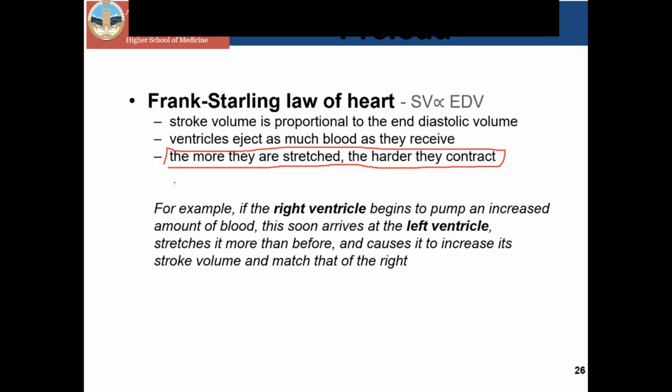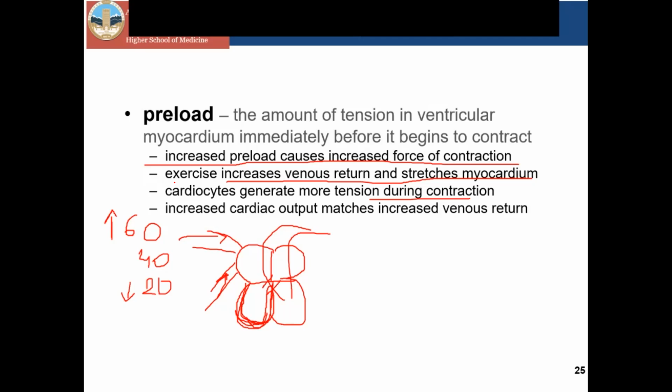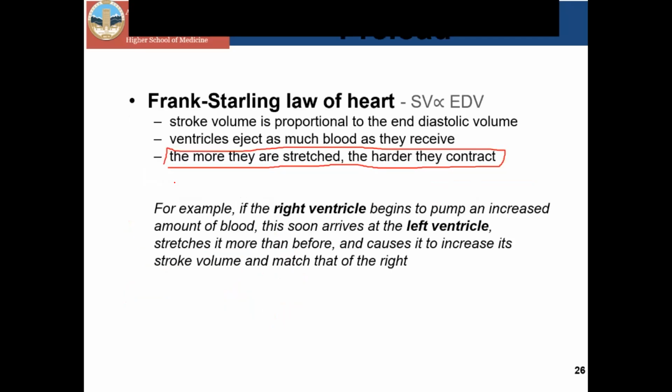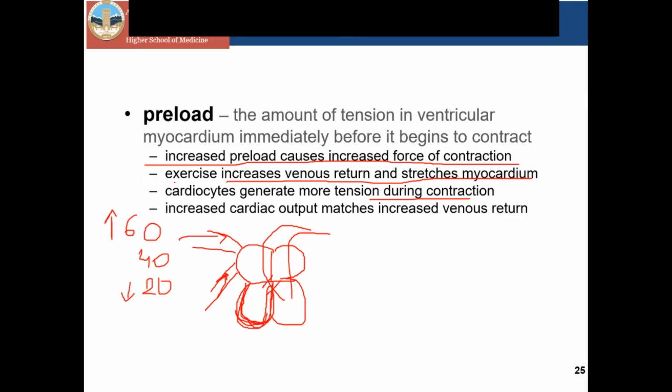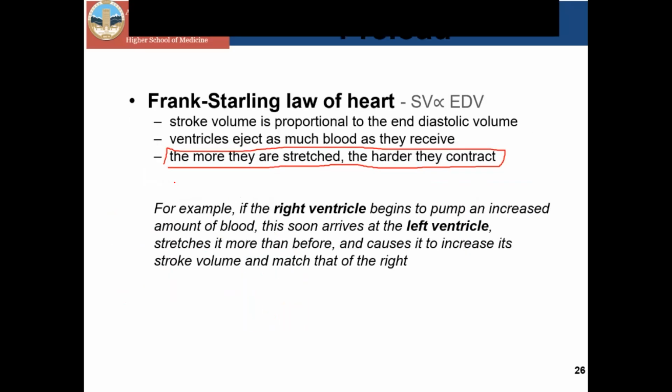If our right ventricle is stretched more, for example 60 milliliters go to the ventricle, its walls will be stretched more and it will contract harder after that. Understanding? Please read about this in more detail. This is the Frank-Starling law. It's important for preload, and after that you understand it.